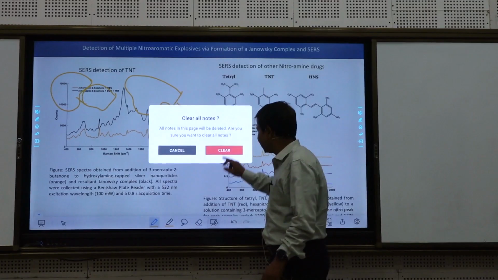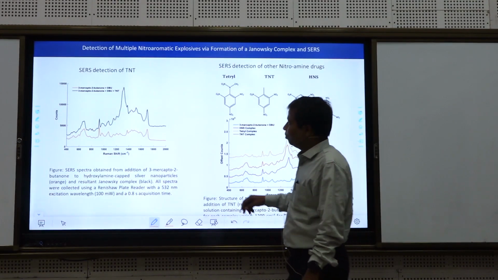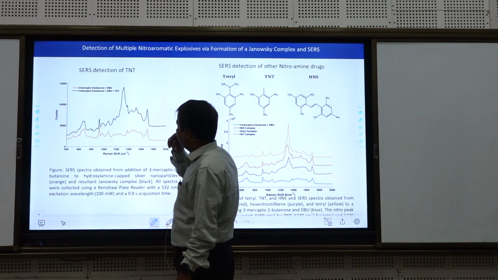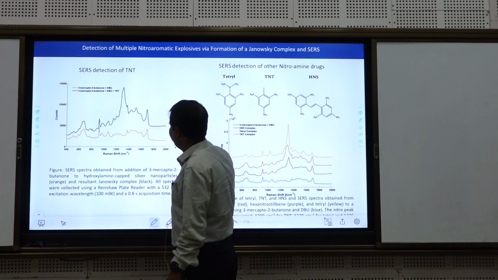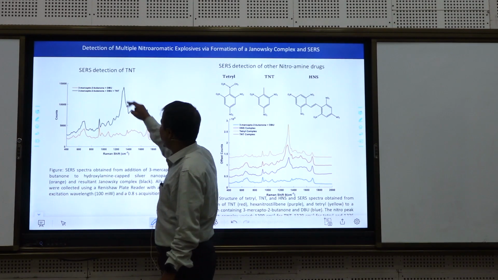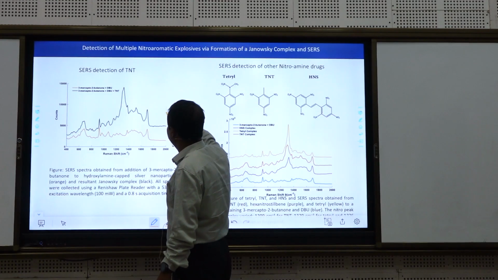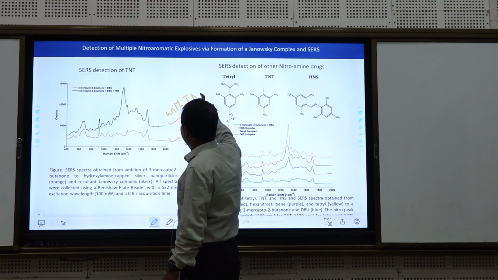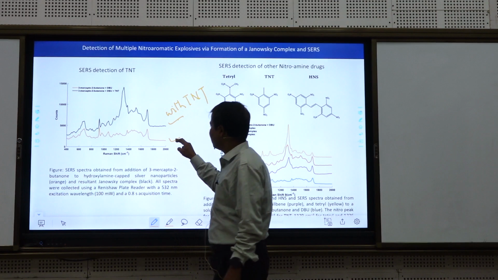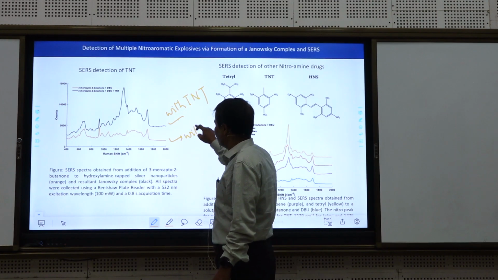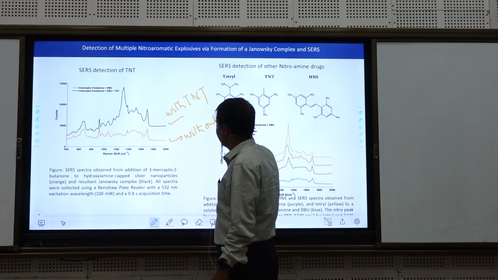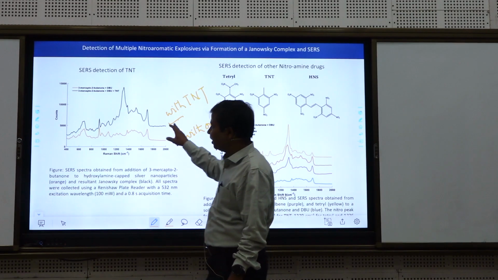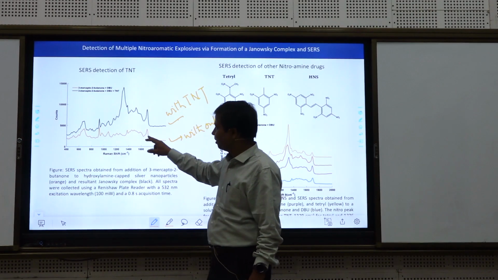So what is the Raman spectra? Now, there are two graphs here. One is this black one with TNT, and this is without. There is a clear distinction that can be seen.